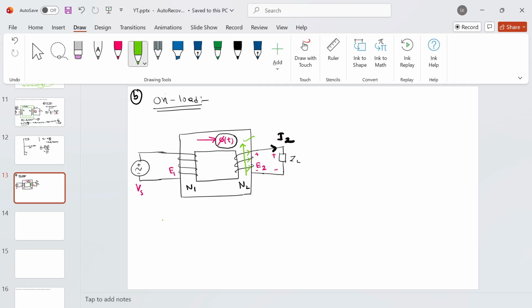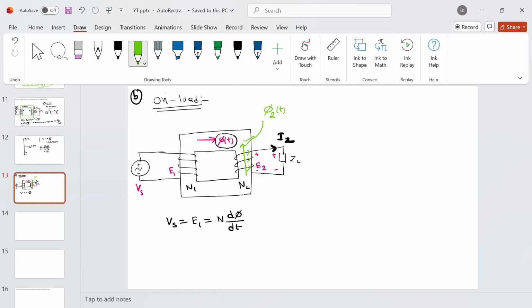Let's say you have this Vs, which is also equal to E1, which is nothing but N d phi by dt. Now at steady state, all of these quantities are the same. Now at the transient moment, this particular flux, maybe I'm calling it phi 2, it is phi 2 of t. Phi of t and phi 2 of t are opposing each other, so that will reduce the flux.